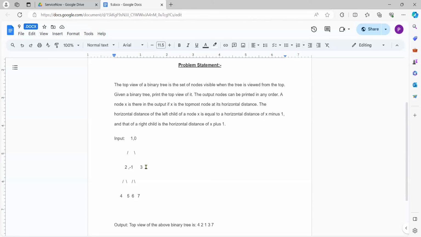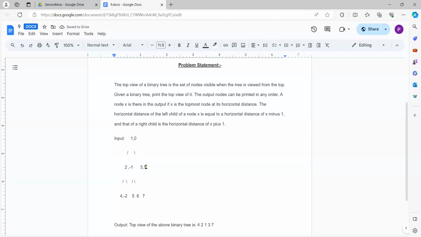And right basically means you are going 1 unit to the right side. So from 0 going right will give you 1, going left will give you -1. Now you are at -1. From -1 going left means 1 unit on the left side, so it will be -2.